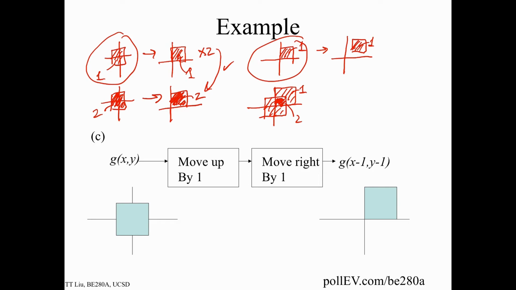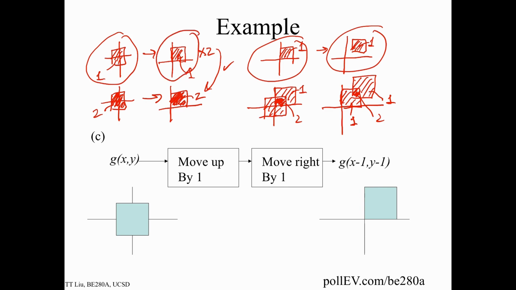My system would take this and just shift it over, like so, where this is 1, and this is 2, and this is 1. This is exactly what I would get if I took this output and added it to this output. If you think about adding up those two things, they would sum up to give me exactly that. And so this satisfies linearity, the additive property, and so this is a linear system.